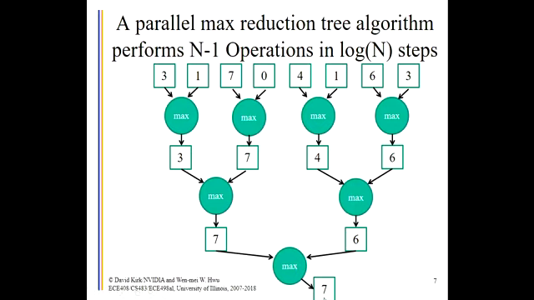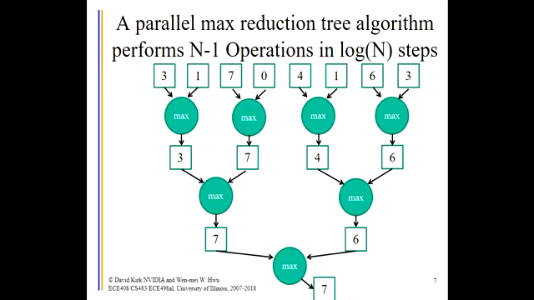So it should be clear that we only need log n steps to process n elements, because each step whittles the data size down by half. You start with the full number of elements, and each step you divide the number of elements by 2. It only takes log n steps to get 1 element out of this process.